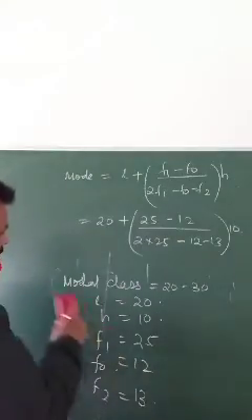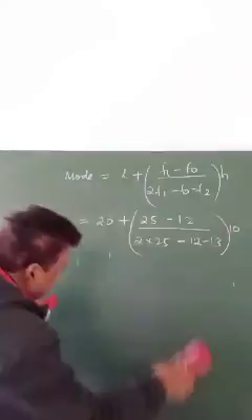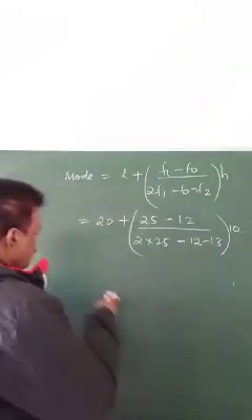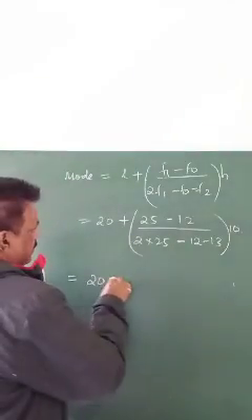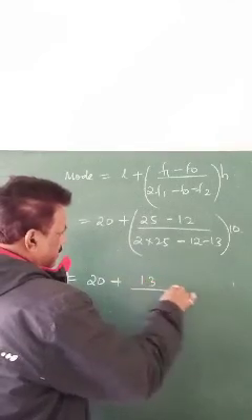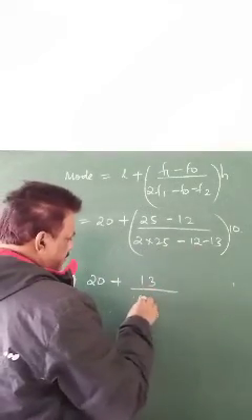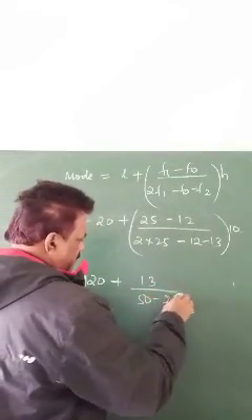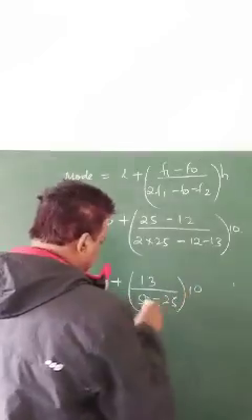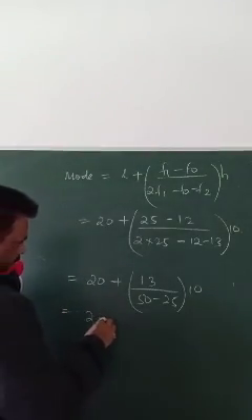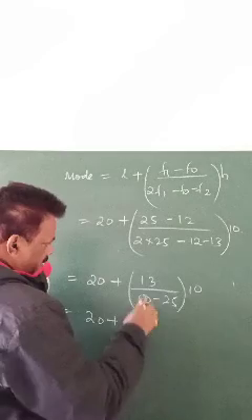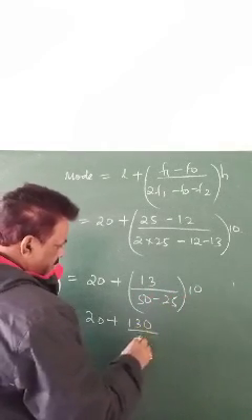So it will come out 20 plus 13 upon 50 minus 42, into 10. 20 plus 130 by 25.